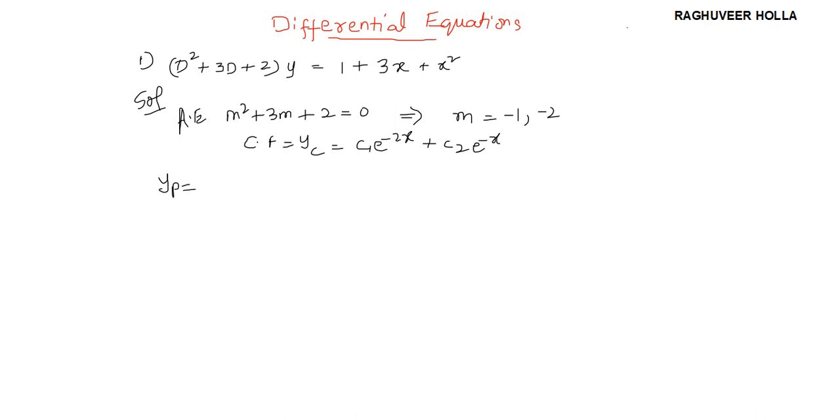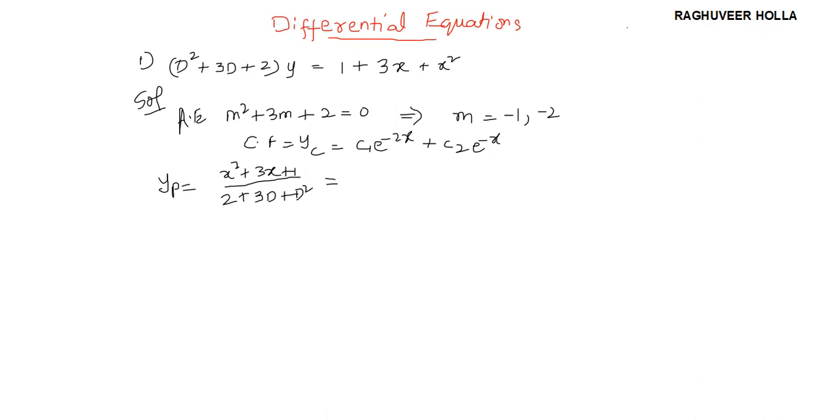You rearrange this as (x square plus 3x plus 1) divided by, I'll rearrange this also in the denominator, that is 2 plus 3D plus D square. Okay, now let us try to figure out how to solve this.